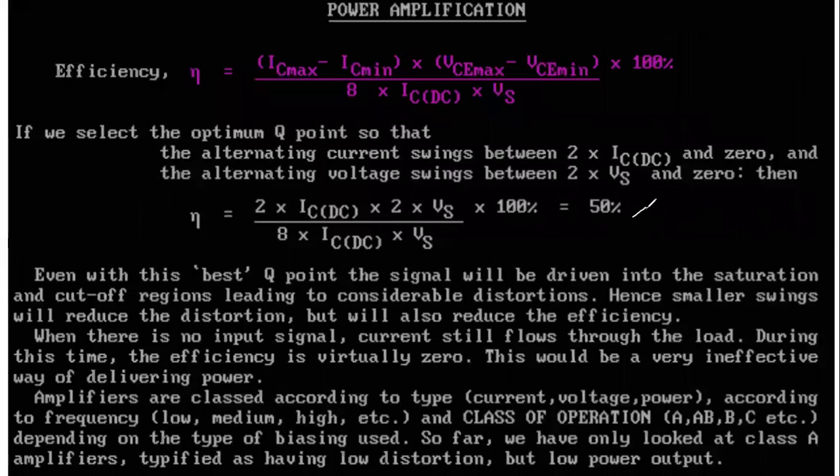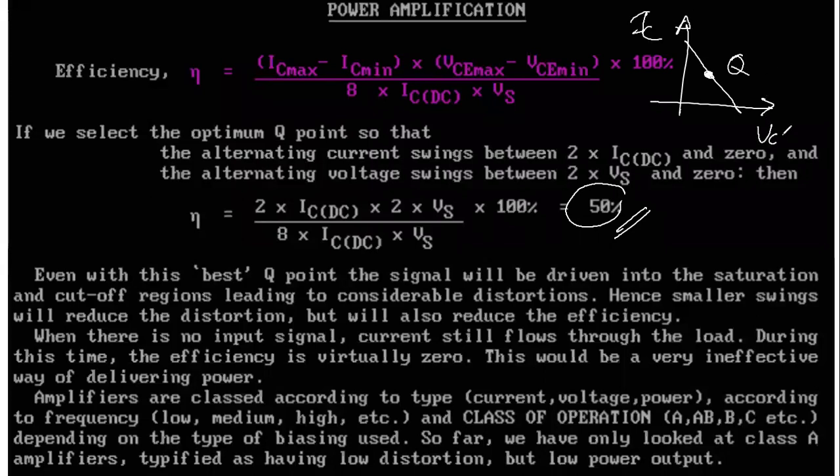That's the way to compute the efficiency. This efficiency you are getting assumes that you are operating your transistor at the middle point of the load line. This axis is IC, this axis is VCE, and this value is VCC. So this is the maximum value.